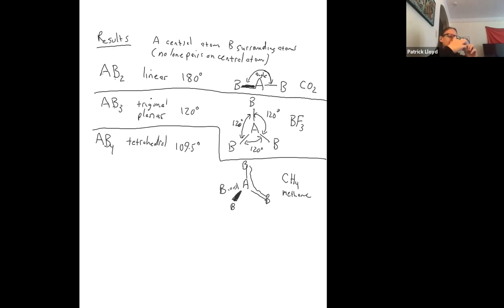But then you have to have one coming out of the board, and that's the wedge. That's the little solid wedge right here. So this is coming out of the board, and then you have to have one that's going away from you. So coming towards you, going away from you, right? But it's not coming straight out at you, and it's not going straight back, right? If it were, it would be obscured by the central atom. It's just coming out a little bit at an angle here and a little bit at an angle there.